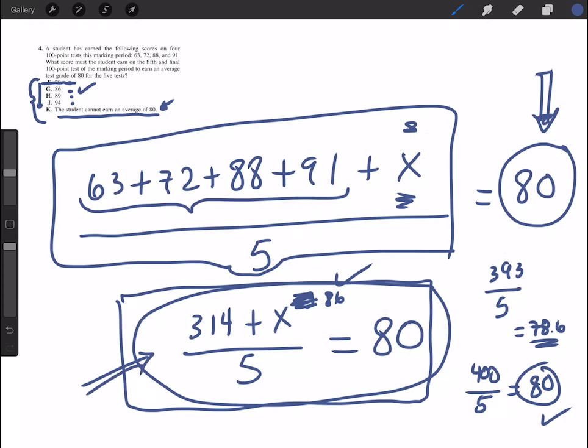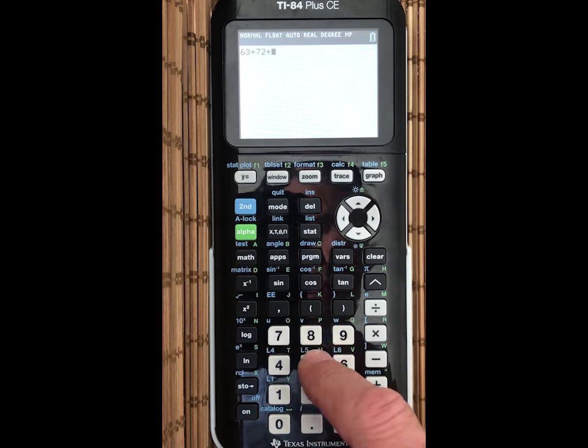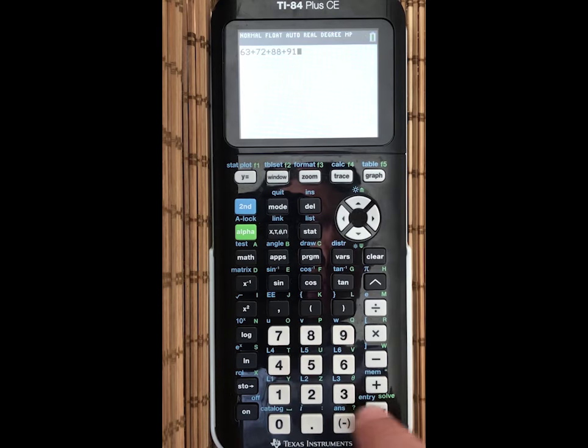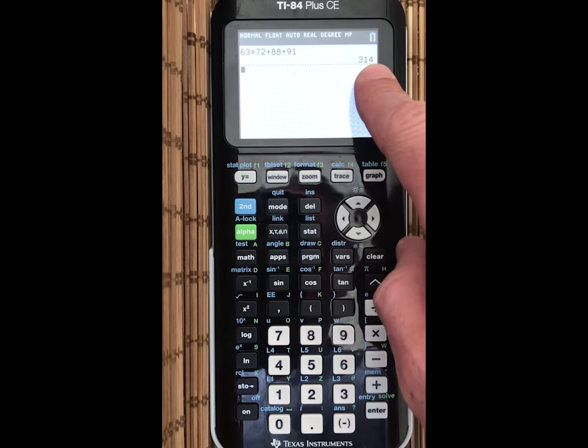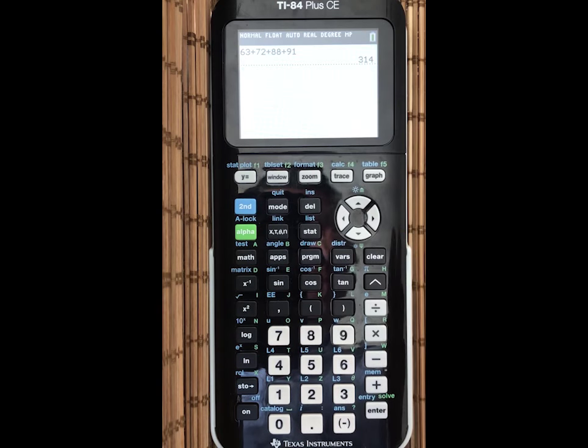So there's still that, but at the end of the day, to find the average, what we had to do was add 63, 72, 88, and 91, and that gave us the 314. Now 314 plus x divided by 5 is equal to 80, which is the average we want.